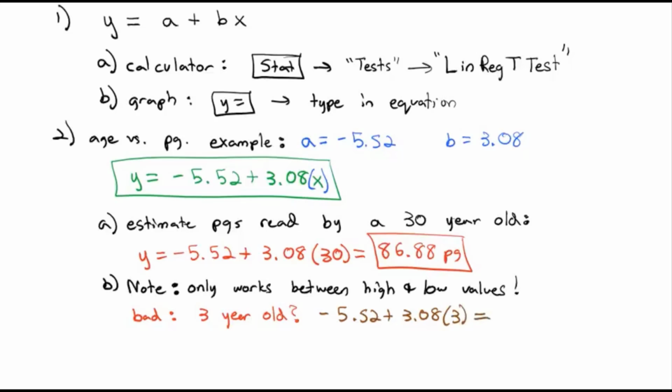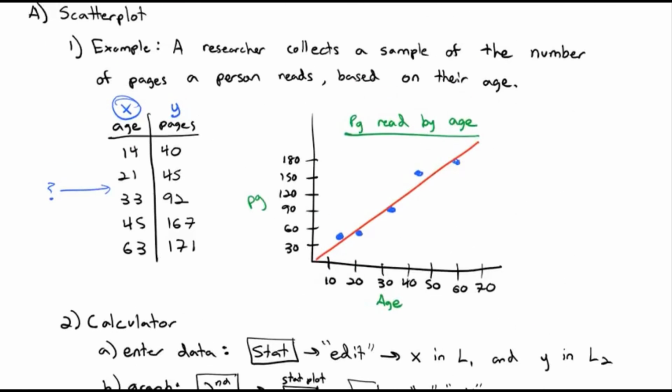And that's going to equal 3.72. So do we conclude that a 3-year-old is reading 3.72 pages? Probably not. There's not a lot of 3-year-olds that can read anything. Maybe their name. The problem is the 3-year-old is outside of our data.